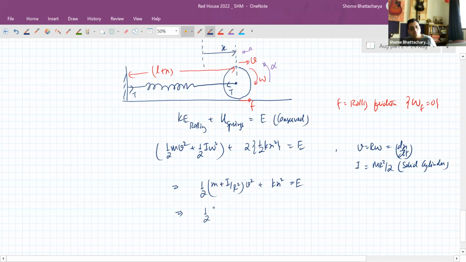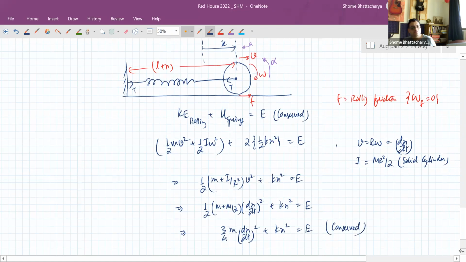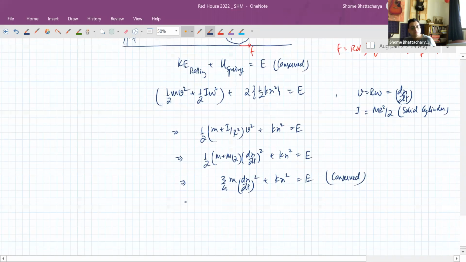So this is 3 by 4 m into dx by dt whole square plus kx square is a conserved quantity, or a constant quantity. So now just differentiate this.